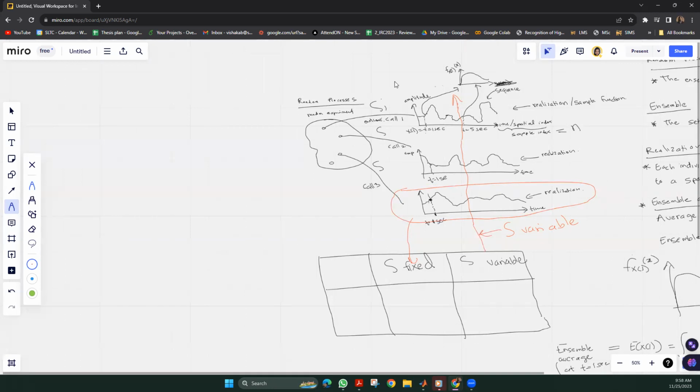So theta can be varied along the y-axis, and theta will be fixed for one plot, one realization.